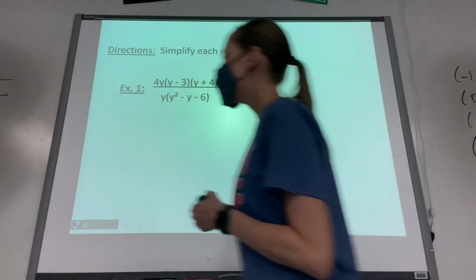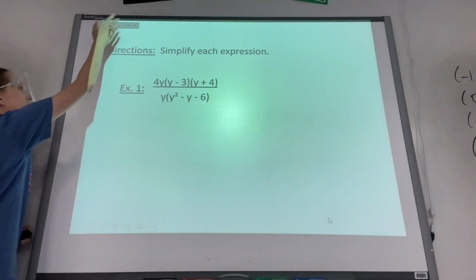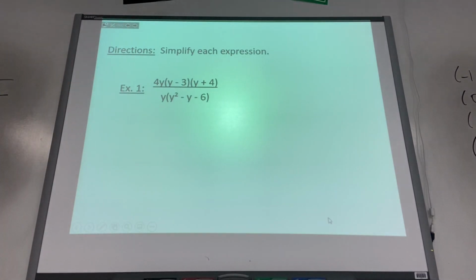Okie dokie. Here is example 1. Directions say to simplify. Now we've got a 4y on top times the quantity y minus 3 times y plus 4, all over y times y squared minus y minus 6.